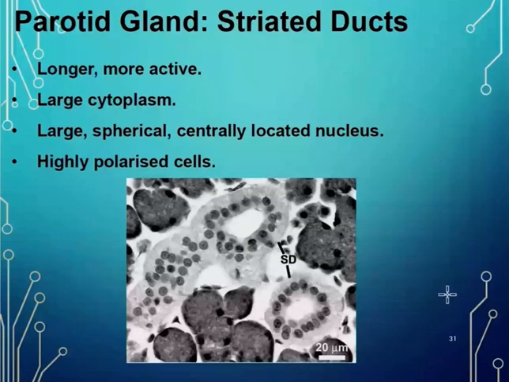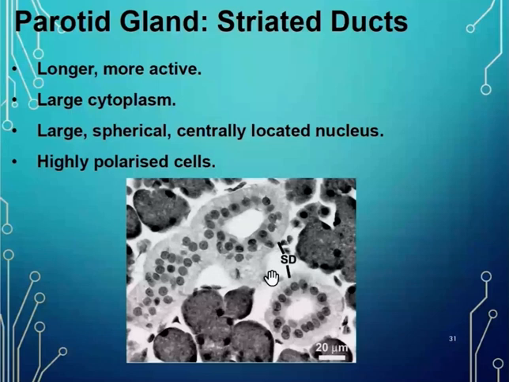The second duct system is called the striated ducts. We also call them intralobular, because they are inside the lobules, and they form a much longer and more active component of the duct system than the intercalated. These cells have a large amount of cytoplasm.